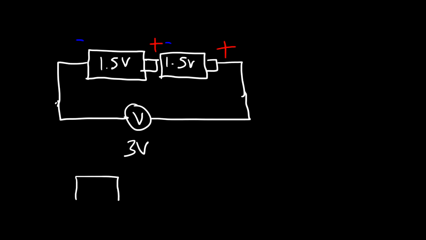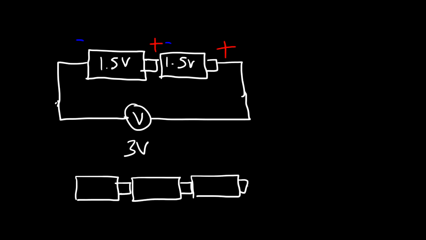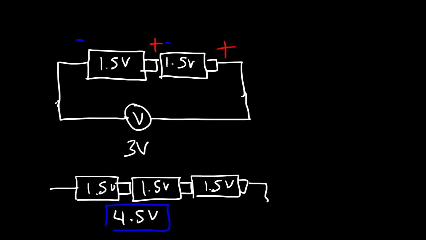So let's say you have 3 batteries, that is 3 1.5 volt batteries connected in series, then the total voltage is simply the sum of the individual voltages of these 3 batteries. So 1.5 times 3 is 4.5. So that's what the voltmeter is going to read if you connect 3 batteries in series.